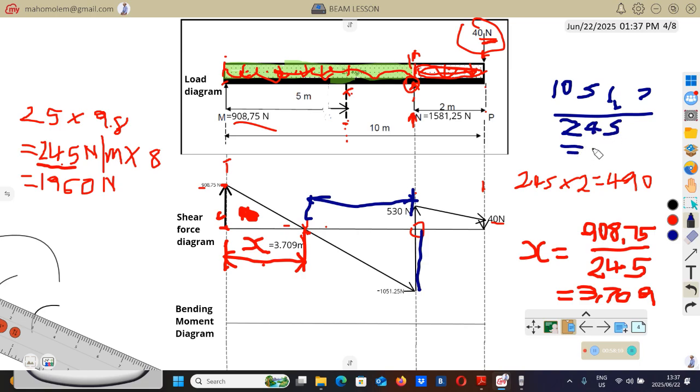So that distance there, 1051.25 divided by 245, is 4.29. So easy like that. So just take this divided by UDL.